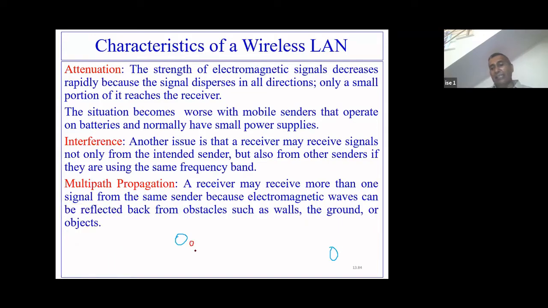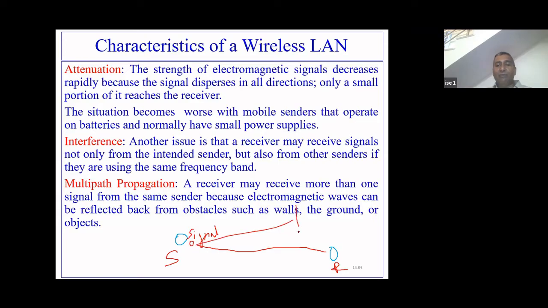Now a copy of this same signal may be received by the receiving host. So this is the receiving host, this is the sending host, and this is the signal. Now this signal traverses in all possible directions.